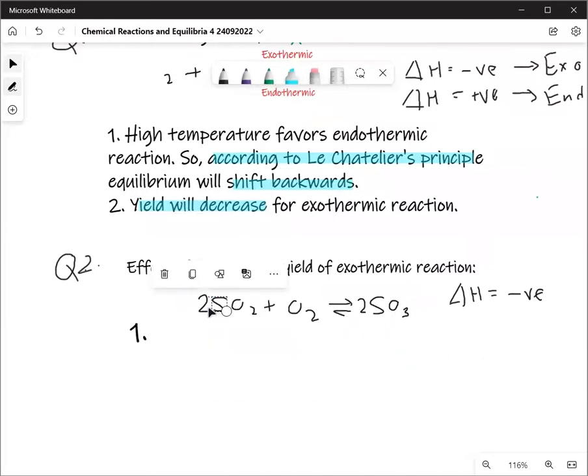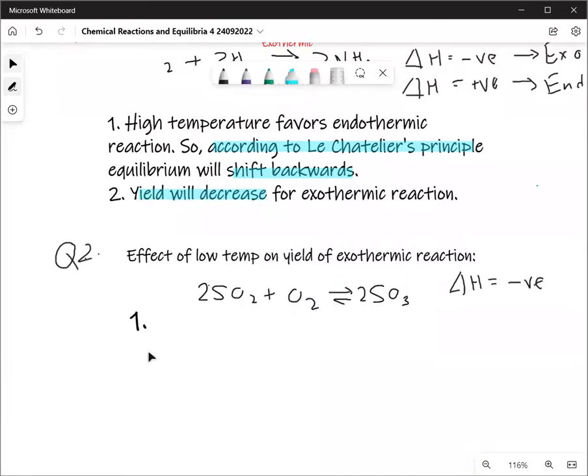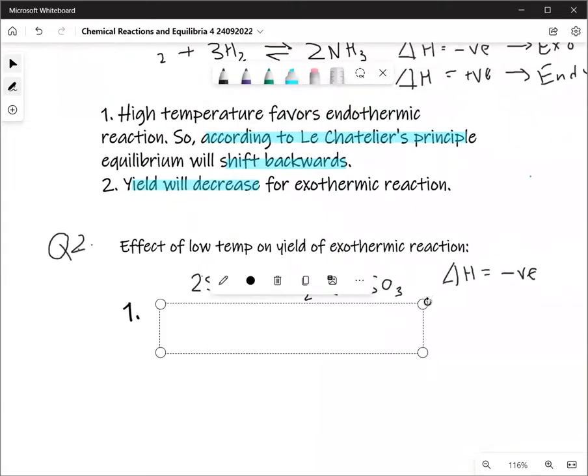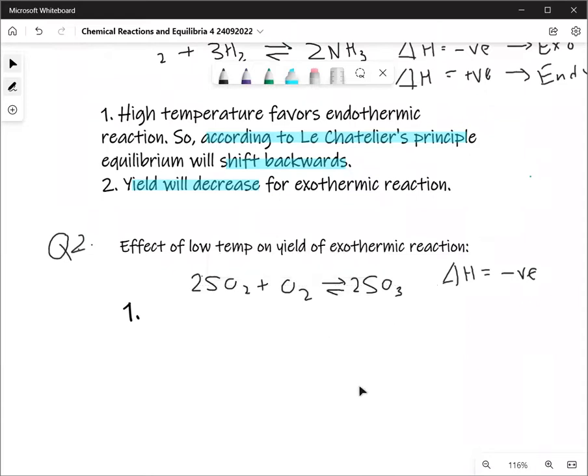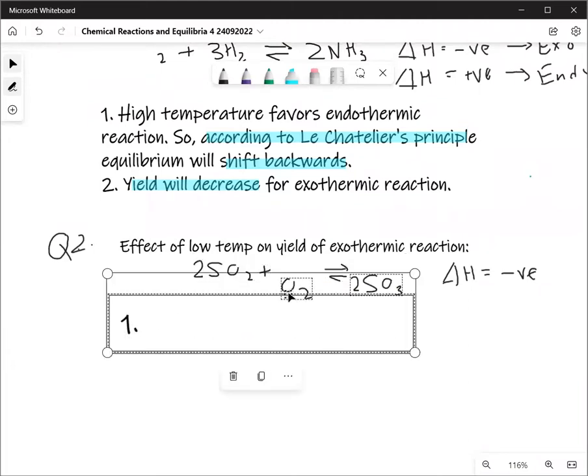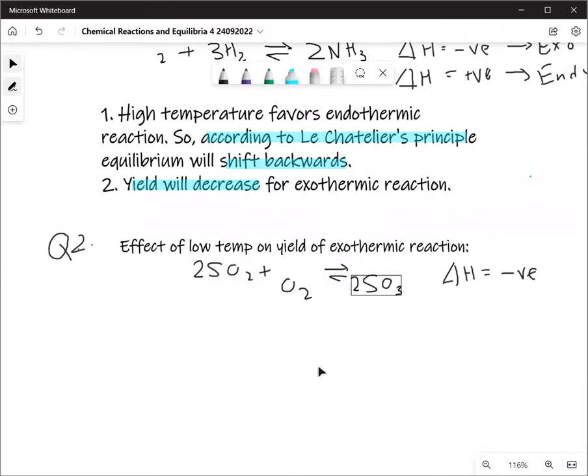Just a second. Niranjana, tell me the answer to this question. High temperature will favor endothermic. Sir, low temperature favors exothermic.